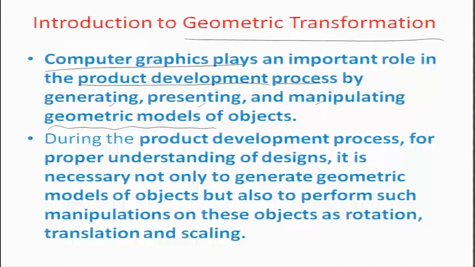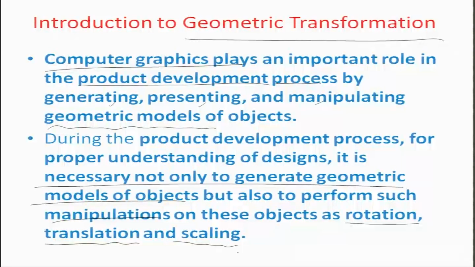During the product development process, for proper understanding of designs, it is necessary not only to generate geometric models of the objects, but also to perform manipulations on these objects, so that they can be watched in different views through rotation, for example, or translation or scaling effects, and so on and so forth.